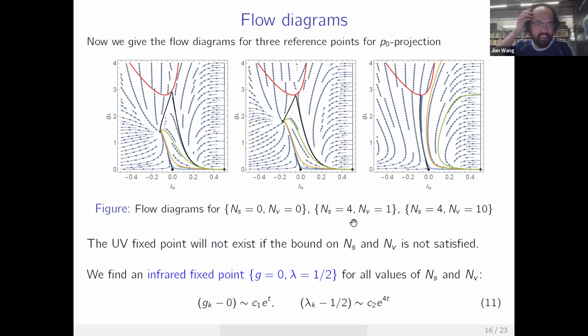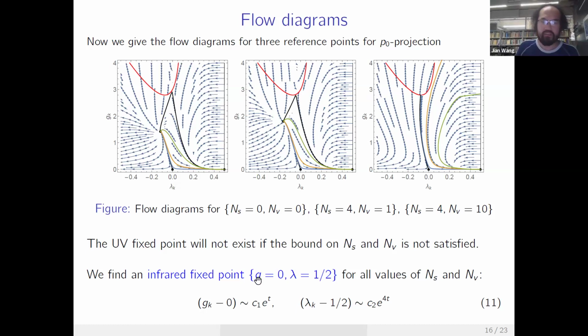One interesting thing is that in addition to the non-Gaussian fixed point and the Gaussian fixed point, we could identify an infrared fixed point for all those 3 cases. The infrared fixed point is located at J is 0 and lambda is 1/2. In fact, this fixed point persists for all numbers of matter fields.